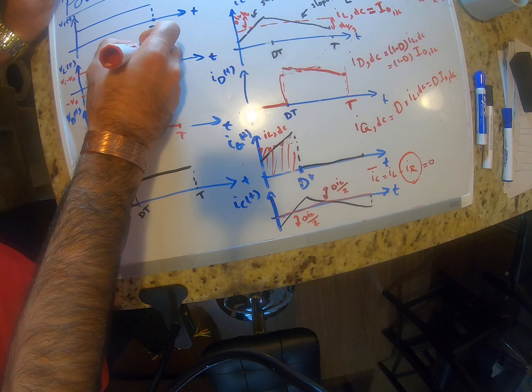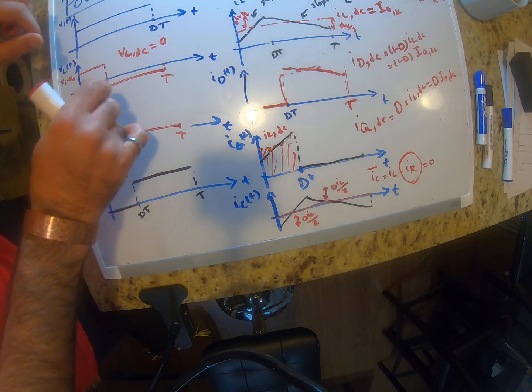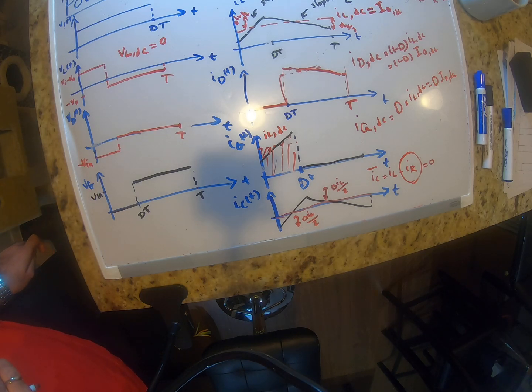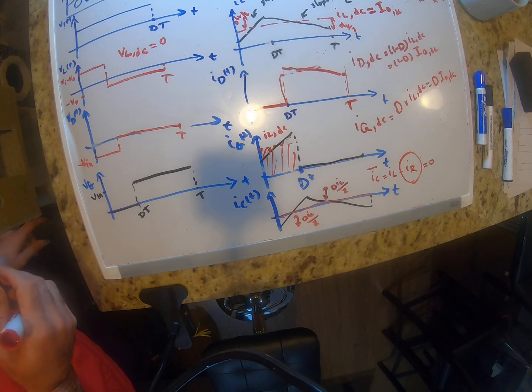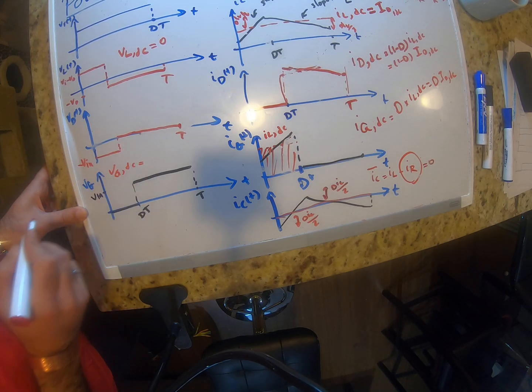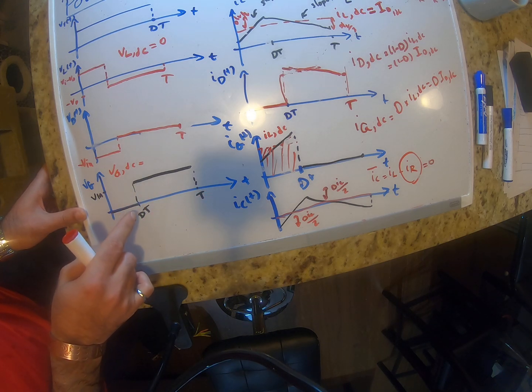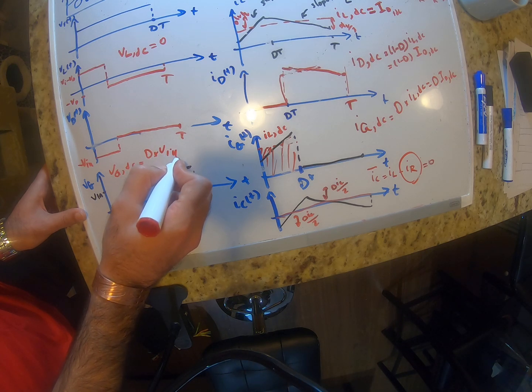VLDC based on volt-second balance is equal to 0. That's how we calculated the duty cycle. You can do the calculation for these ones as well. That's not that difficult. VQ average, for example, is going to be this area, which is D times V in.